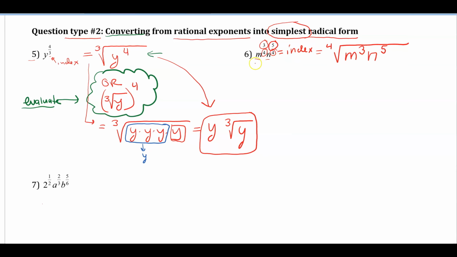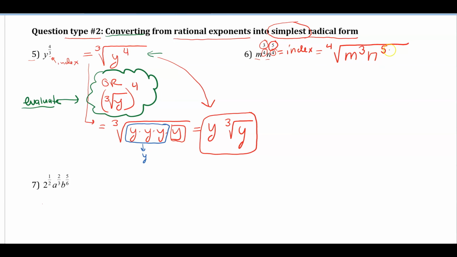So this is using the first form of key concept number 2, where I just make the denominator the index and the numerator is the power of those bases under the radical sign, right? This is the typical way we write these when we're merely converting from rational exponents to radicals. Now the m to the 3rd is already in simplest form because there's only 3 factors, not enough to make a perfect 4th root.